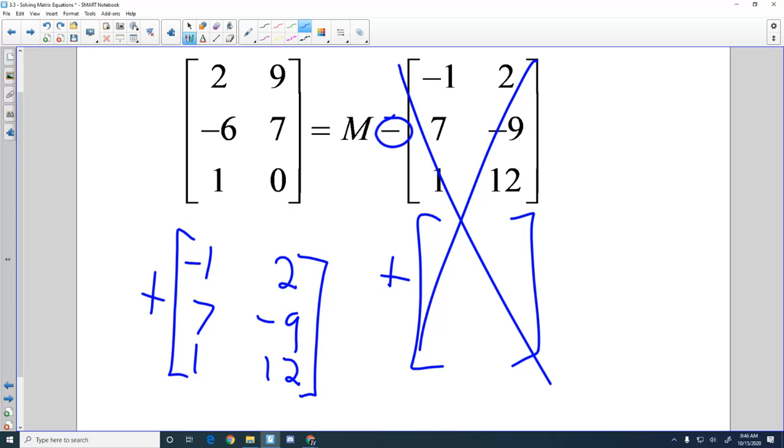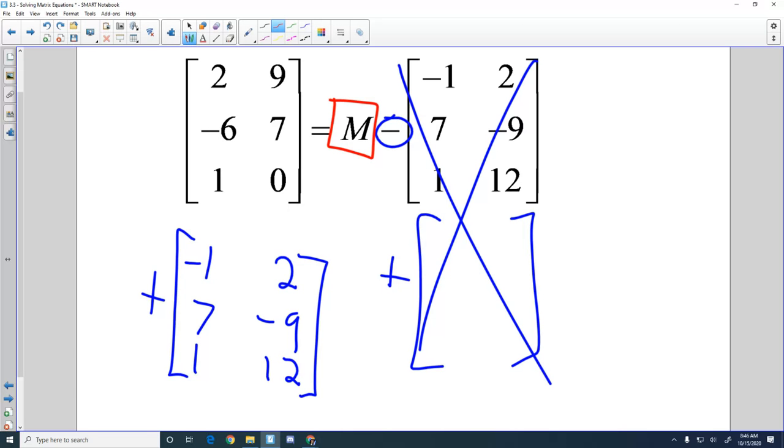If I add those two together on the left, that'll equal the right side, where after things canceled out, we'd be left with just M. So that will be my answer, matrix M. Adding matrices, remember, you just add the corresponding elements. The first with the first, second with the second, and so forth. Should be pretty easy for everybody.